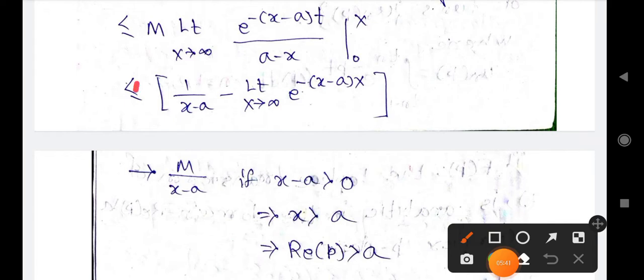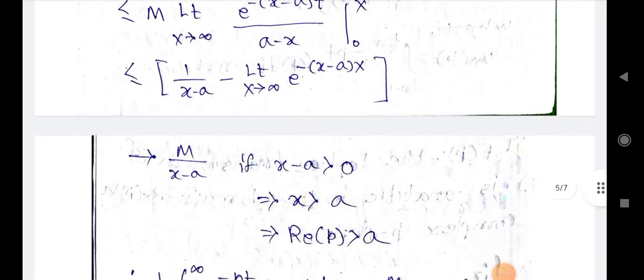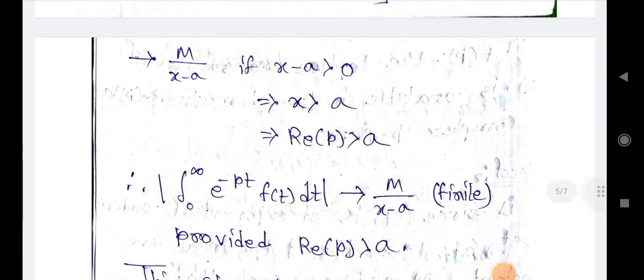Here also it is less than M by (x minus a).